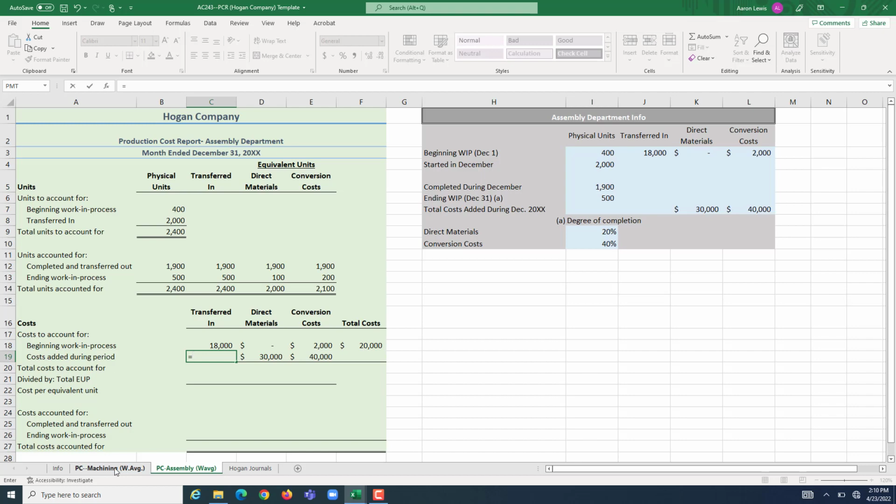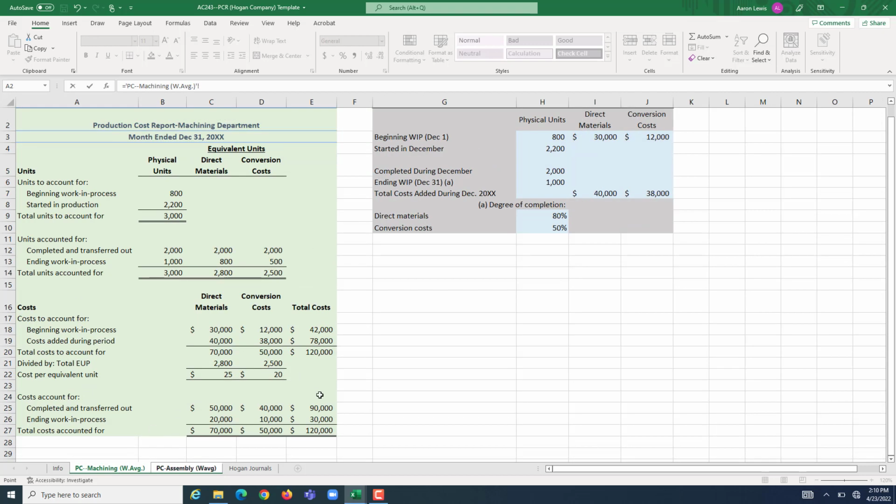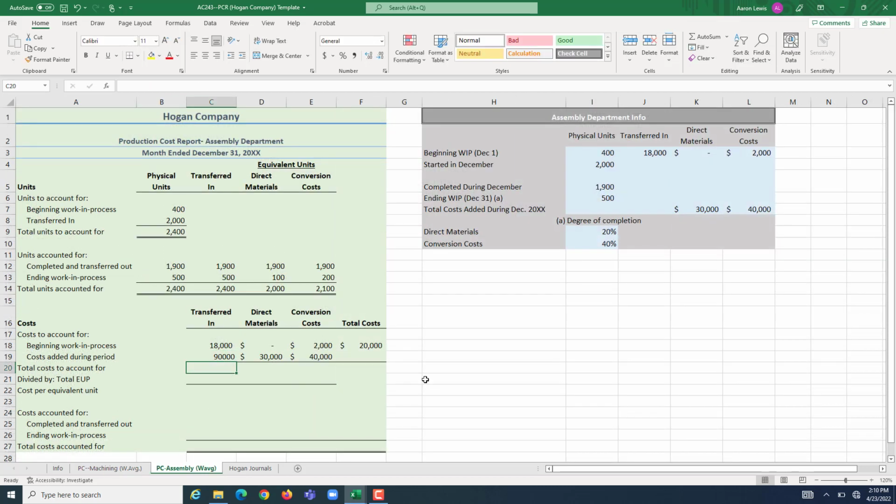In our case it is machining, and it says that the amount of costs which were complete for units which were completed and transferred out was $90,000. So when those parts to build gonculators were transferred to assembly, the $90,000 of costs were transferred with them. Therefore, they were added, in this case, to this particular PCR. Let me fix that templating so it looks better.